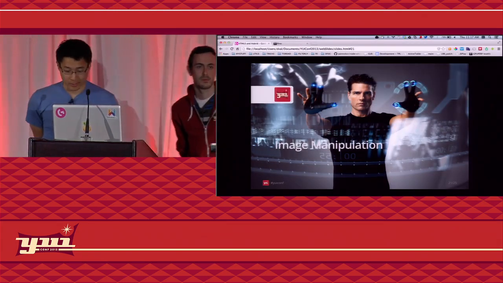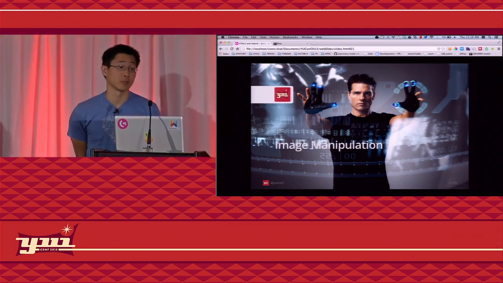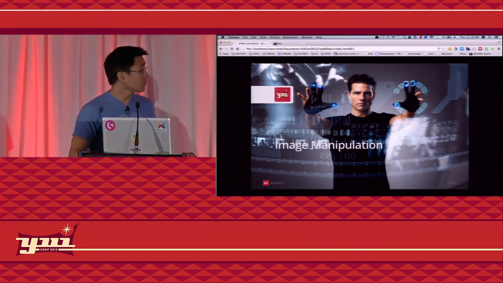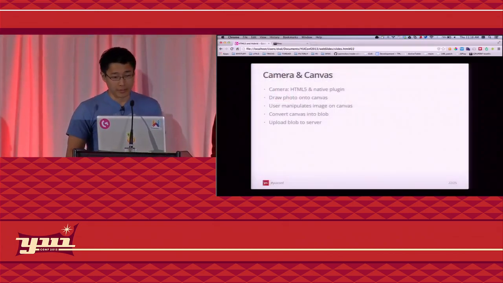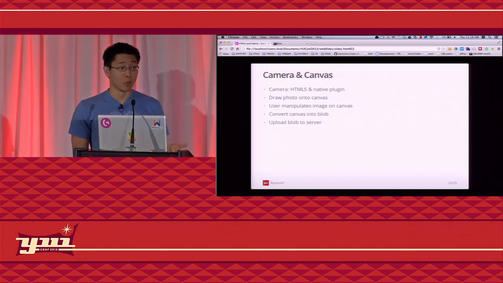Finally, I just want to show a little bit of what we did with the image manipulation for user interactions. So here's the gist of the workflow that we go through for posting a new item. If you're running this in a mobile web browser like Chrome or Safari, we'll be triggering the HTML5 camera.